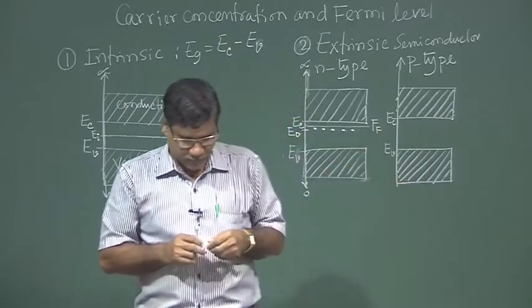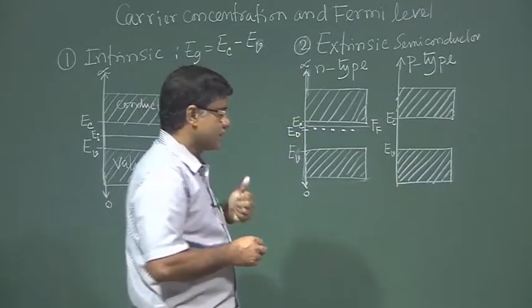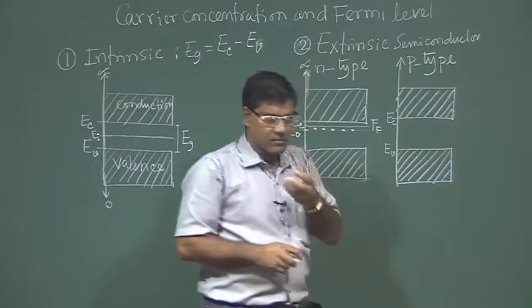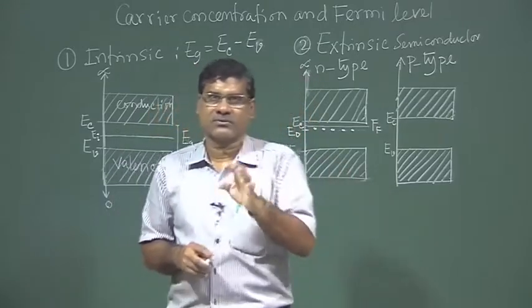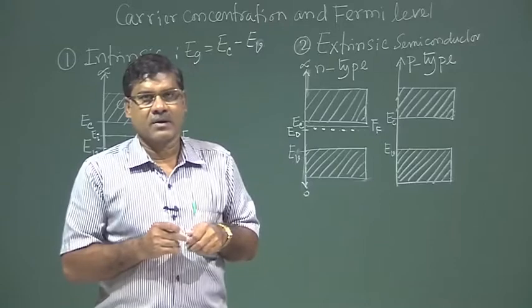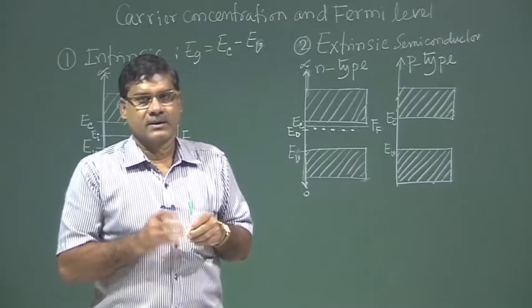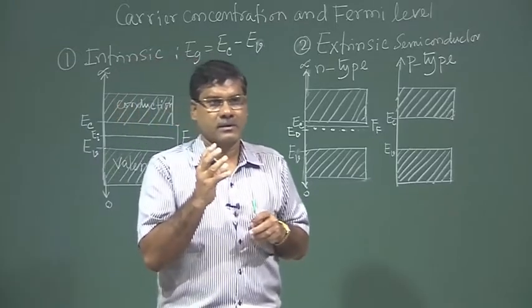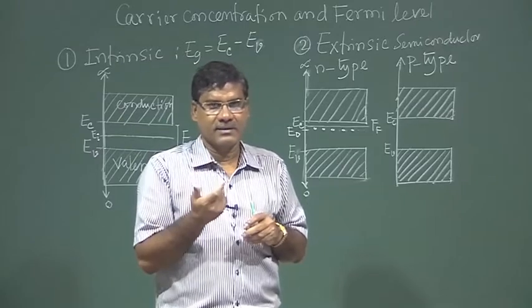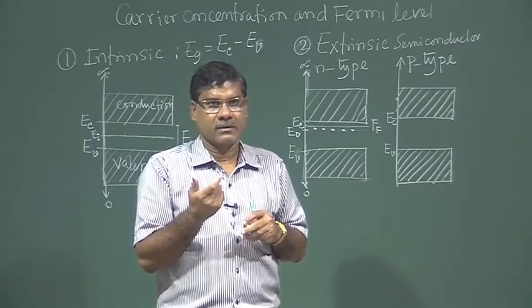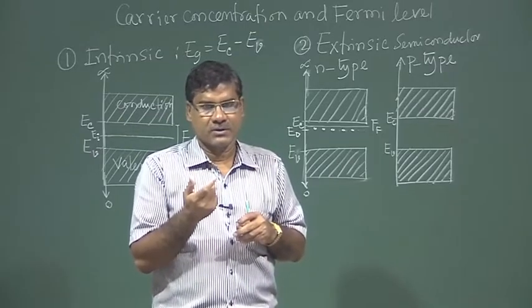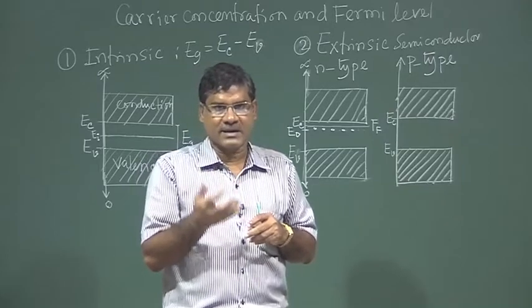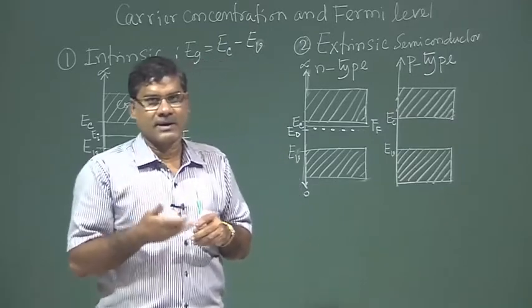So, the atom we use to dope the intrinsic semiconductor is trivalent and has a shortage of 1 electron, so it is ready to accept 1 electron.